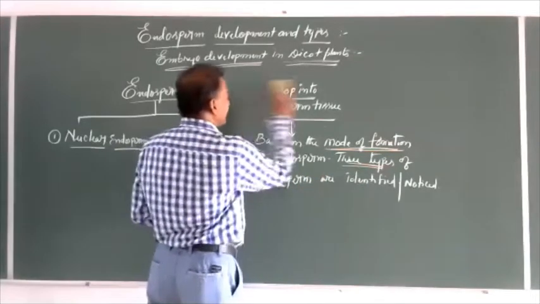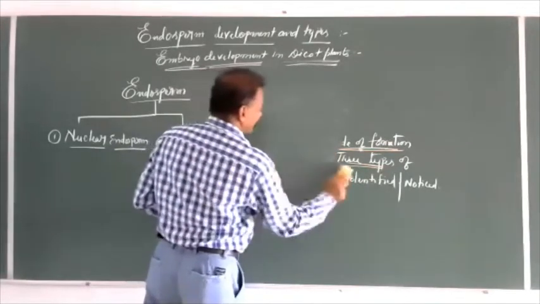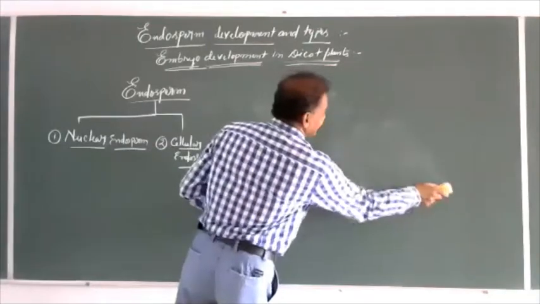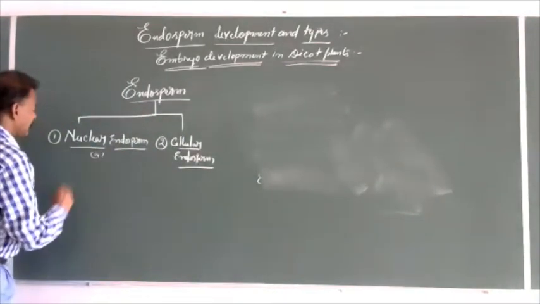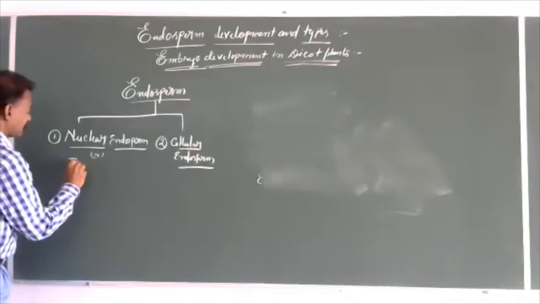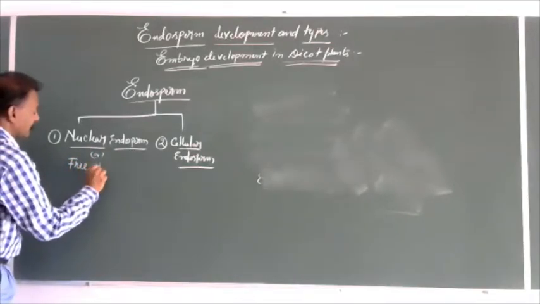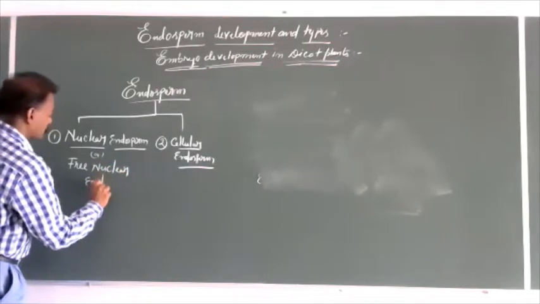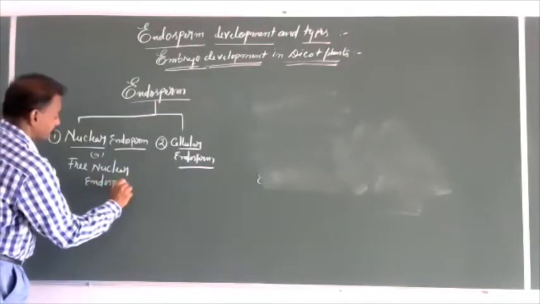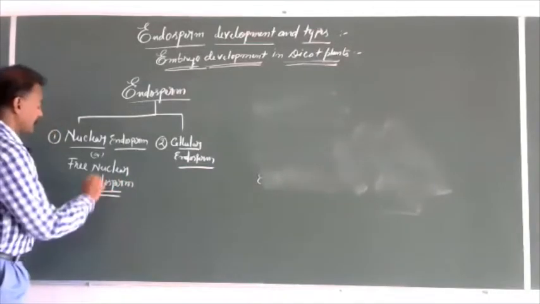They are, first one, nuclear endosperm, which is the most common type, also called free nuclear endosperm.